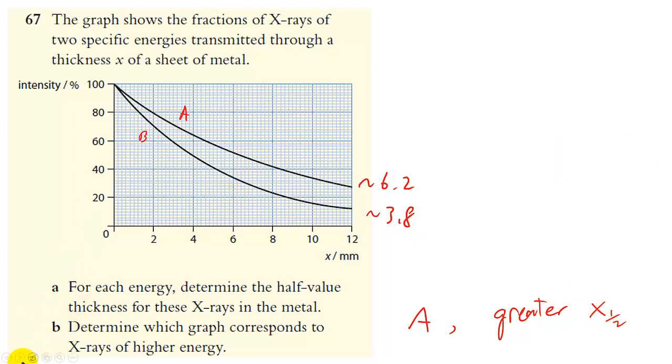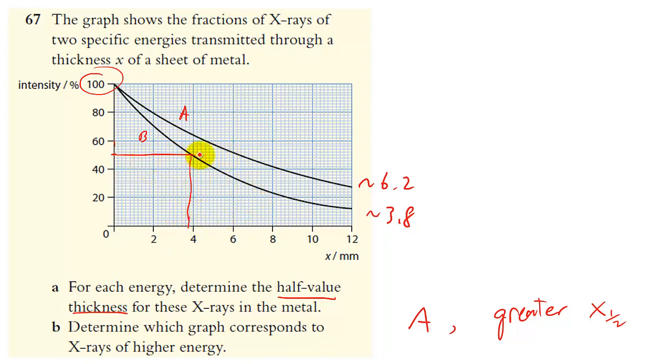Okay, so from your questions, you should be able to find the half value thickness from the graph, and basically you can see it starts from 100%. So let's try to locate 50, which is half. So 1, 2, 3, 4, 5, which is right here, and then you simply draw a line. Forgive me if I didn't do it very well, and it's around here, this line.